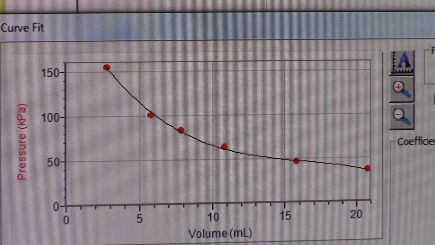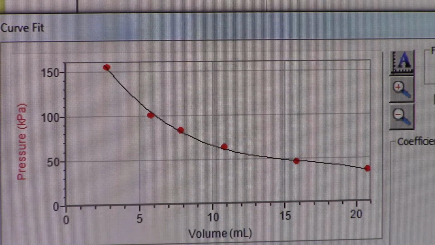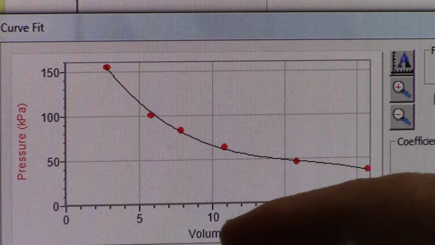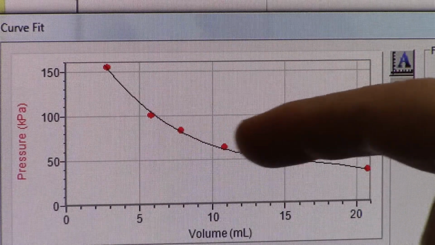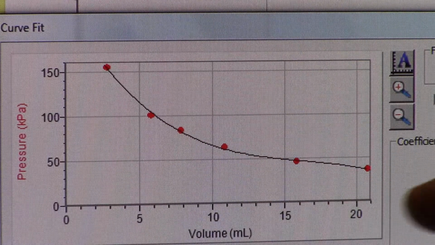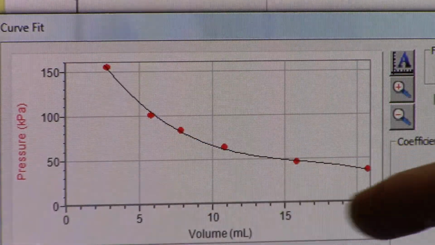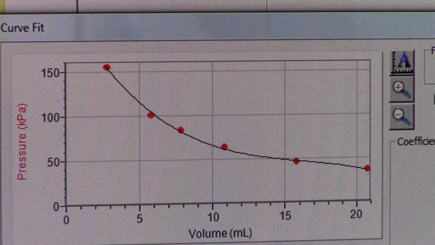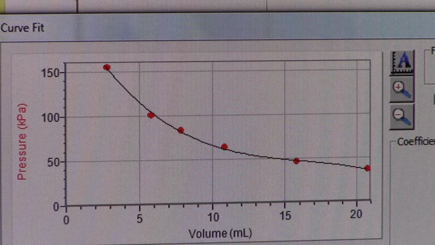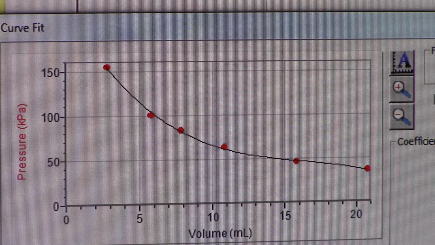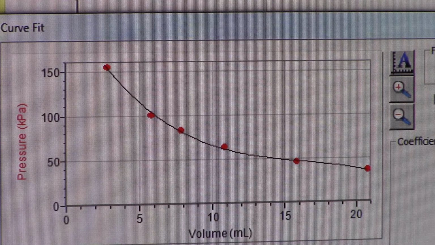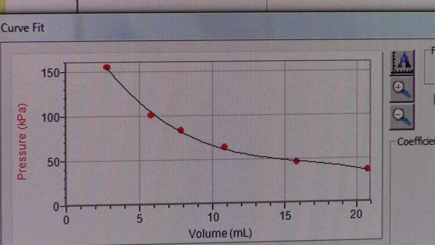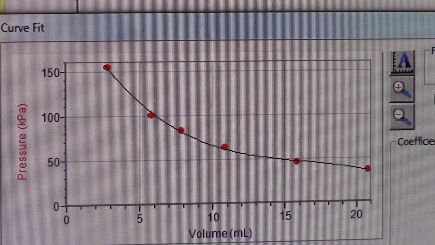And I would hope that as we increase the volume, the pressure keeps on going down, that it doesn't increase at some point. It's possible that I could do something weird like that, but if you think about it, the cubic is a nice fit, but it doesn't make sense.